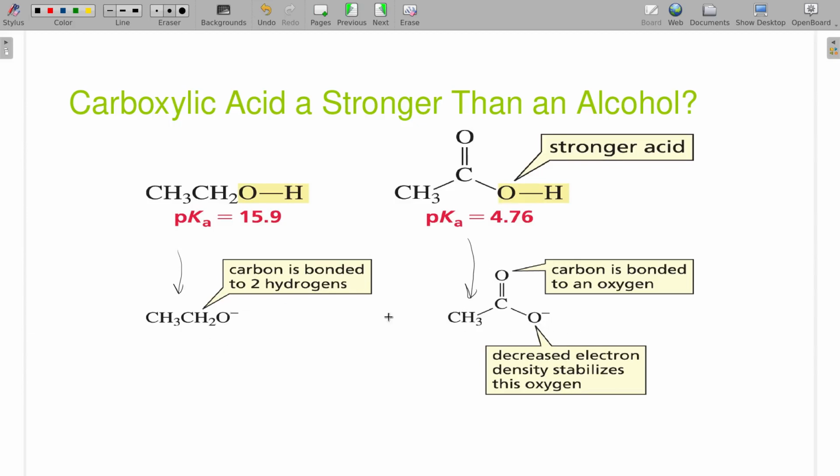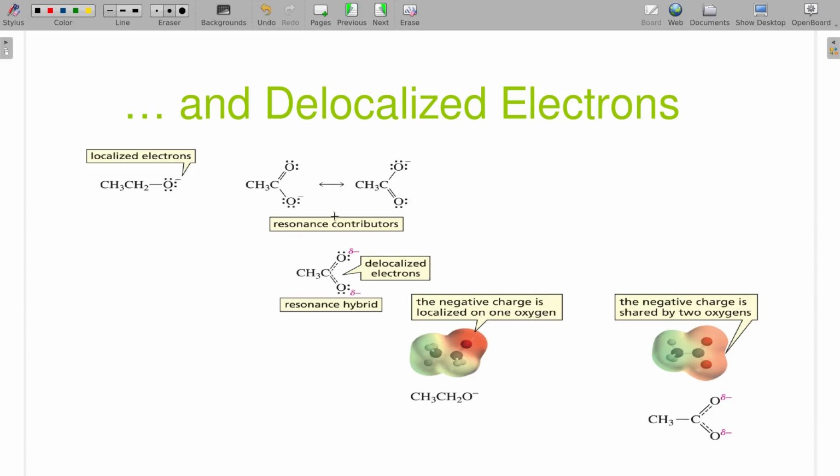All right, so what's so unique about this one that makes it more stable? Resonance is right. That lone pair that makes up that double bond moves down here, and the negative goes up, or vice versa. However you want to look at it, the double bond moves around. And having that double bond move back and forth creates these two structures, which are resonance contributors, which create a resonance hybrid.